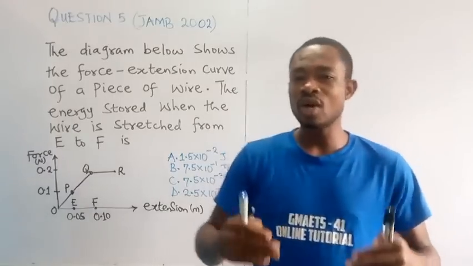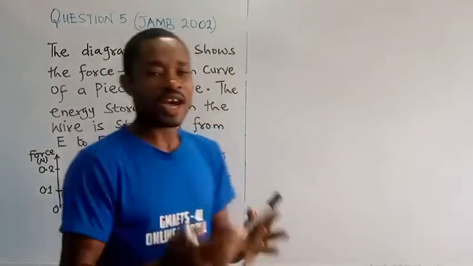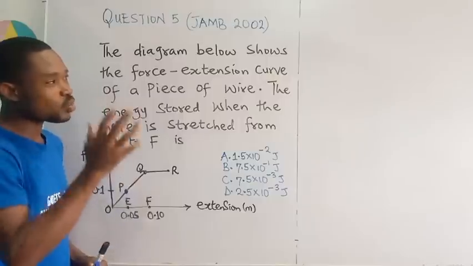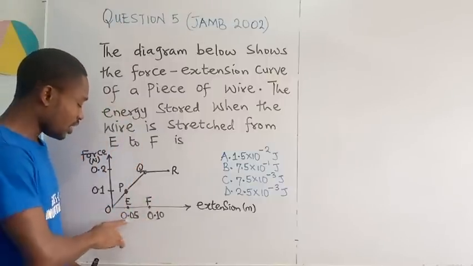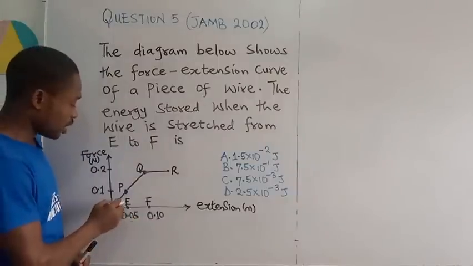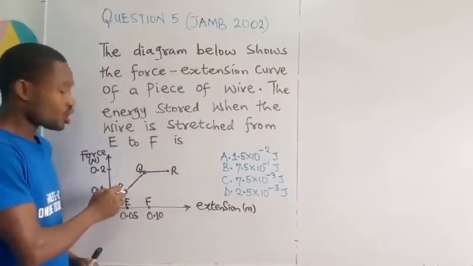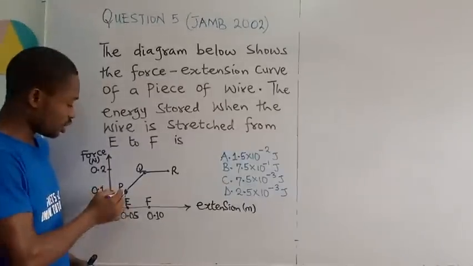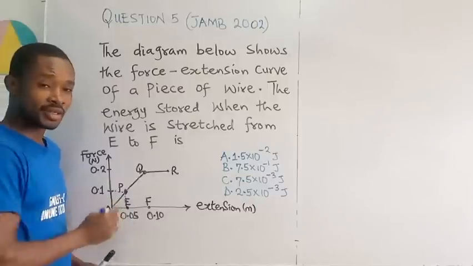So all we just have to do is try to interpret this curve. Is that okay? And how do we interpret the curve? This is what we try to do here, so that you can follow along. When the extension was 0.05, if you trace this up to this point, once it touches the curve, to get the force that produces this extension, you can take it to the force axis.